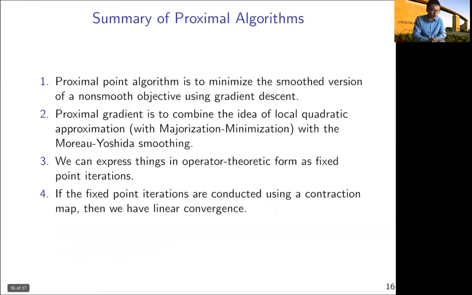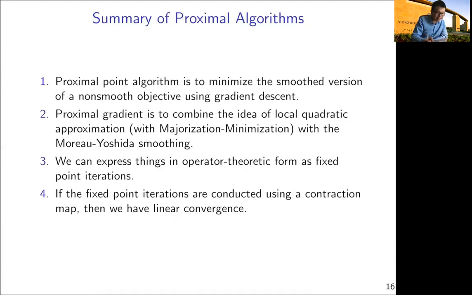Okay, in summary, even though proximal gradient methods seem mysterious, it actually follows from simple principles. When we have a non-smooth optimization problem that's difficult to solve, the idea is: why don't we smooth it? And the Moreau envelope provides a way for us to do so that retains the optimal objective function value and also the optimal arguments that achieve the optimal criteria.